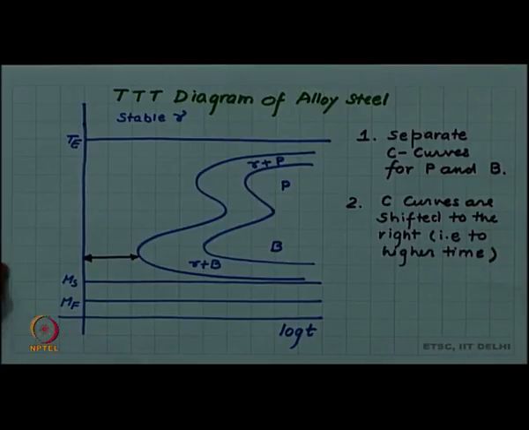That is, formation of pearlite and bainite now becomes sluggish, slower. It takes longer for pearlite and bainite to form in an alloy steel than in a plain carbon steel.